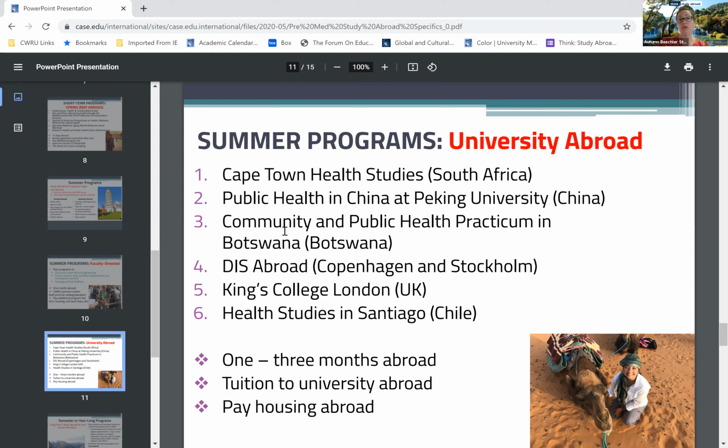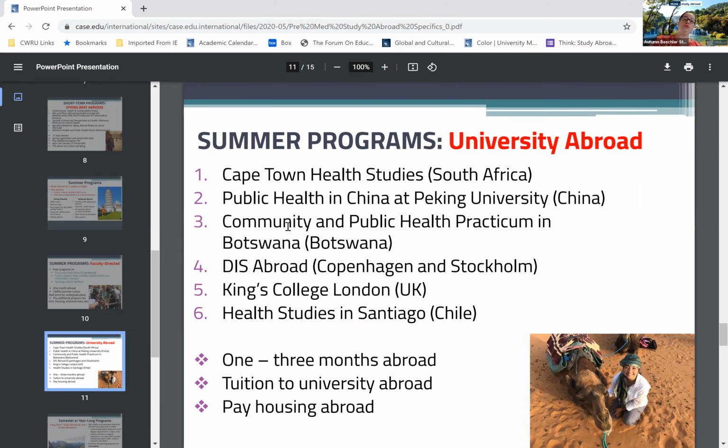For pre-med students, for health students, when you study abroad, 100% you should look at these programs, because there's no better way to boost your candidacy for medical schools, to boost your resume, than to say, I did a study abroad, which medical schools want and they look for. And in addition, I got clinical exposure while on that study abroad.